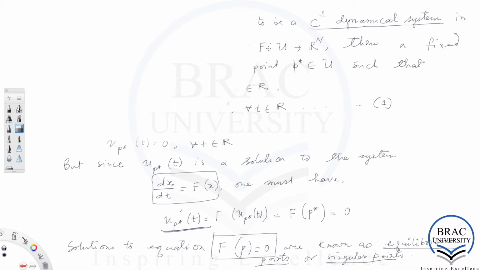Okay, let me erase this part. So we have just seen that a fixed point of the dynamical system with infinitesimal generator f from U to R to the n is an example of an equilibrium point, right?